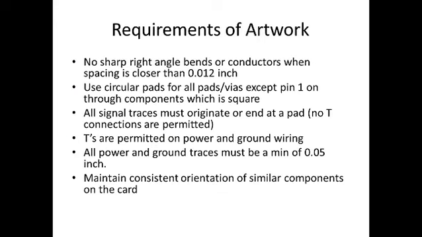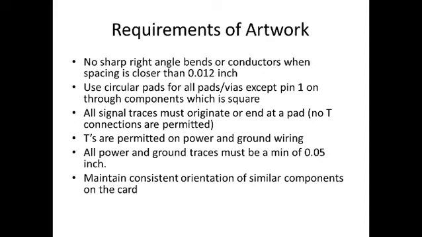Okay. Then the next one is artwork. Artwork is like you are doing the layout of the PCB, which will be imprinted on that bare copper clad, and then you are going to convert it into PCB. So what are the rules?